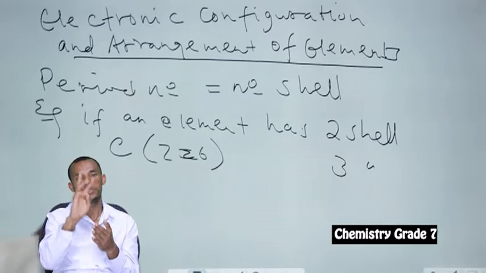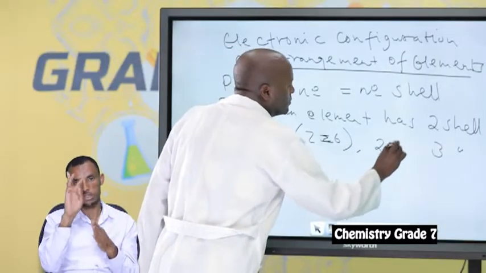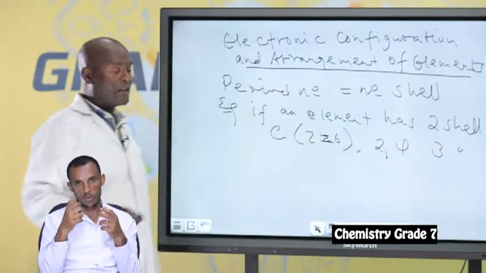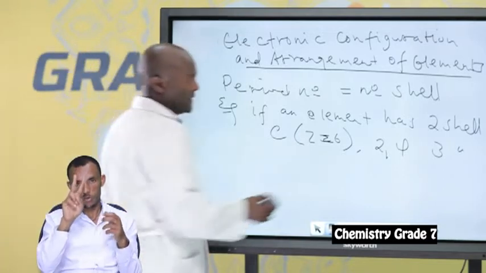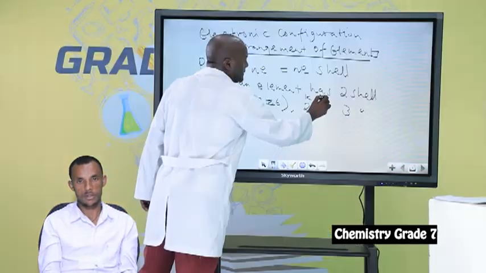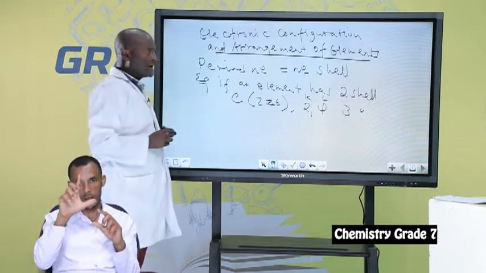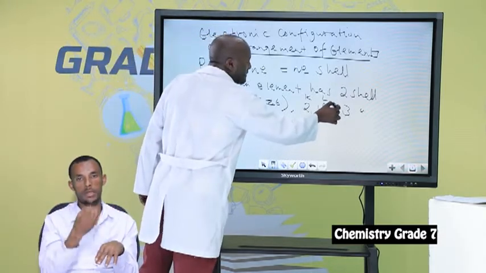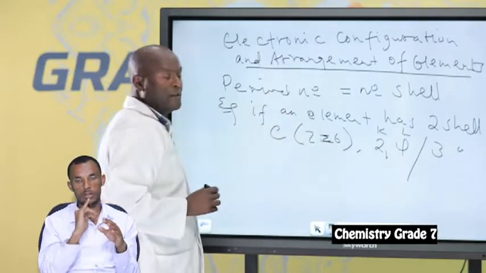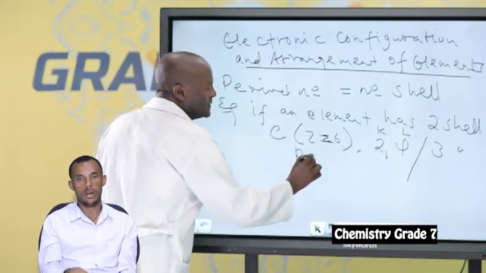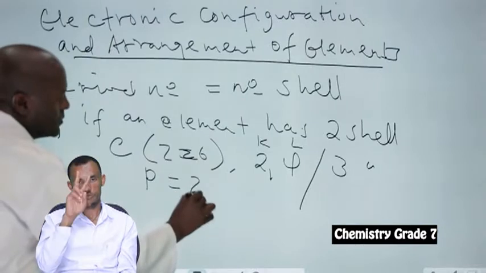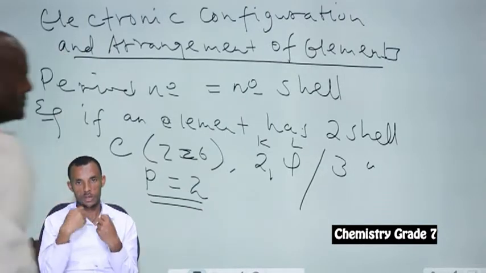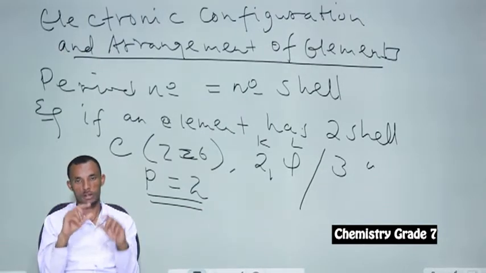So its electronic configuration is 2,4. Therefore, carbon has two shells, K shell and L shell. So carbon is found in period 2 because it has two shells.